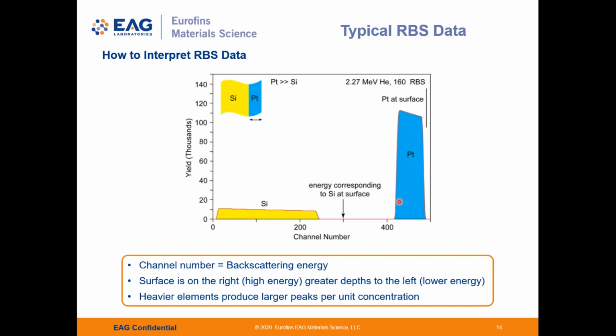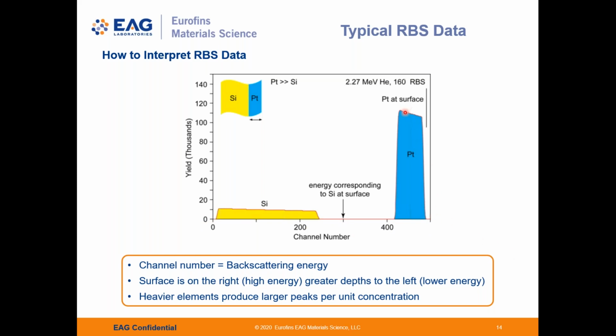Thus, the bulk of the platinum film is revealed down to the interface between the platinum and the silicon. Next up is silicon from the silicon substrate, and this continues on down towards 0 energy. I should mention that in RBS, we always read a spectrum from right to left.